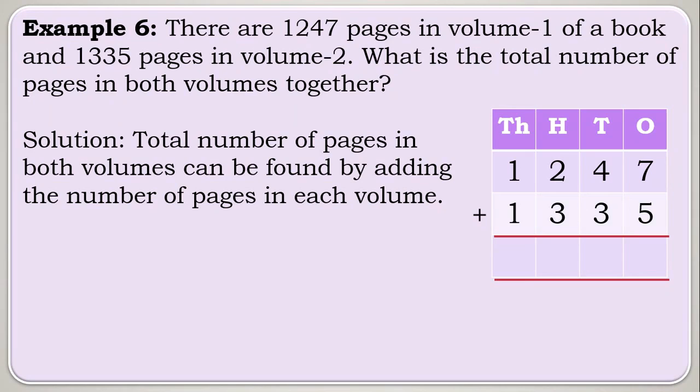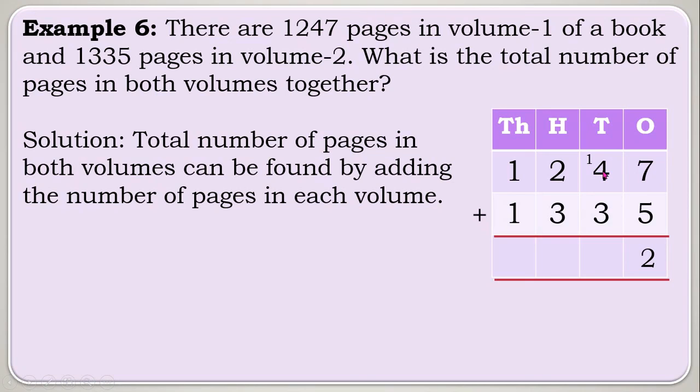After writing down these numbers in place values table, now let us add the digits in ones place first. That is 7 plus 5 is 12. I will write 2 here and carry 1 to the tens column.